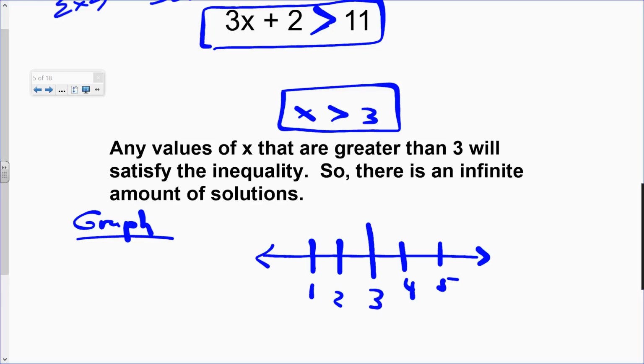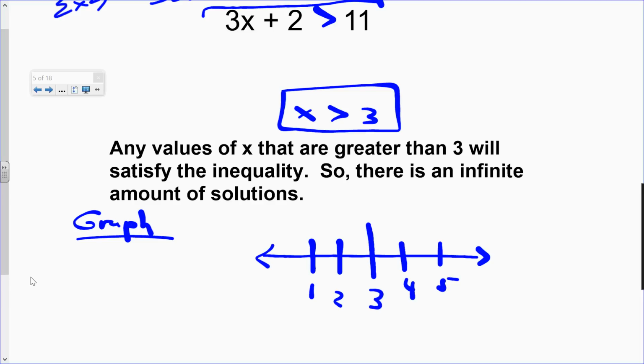My question though, will 3 satisfy the inequality? No. It would have to be greater than or equal to 11 if 3 would satisfy. But just for the doubters in here, let me verify that 3 doesn't work.